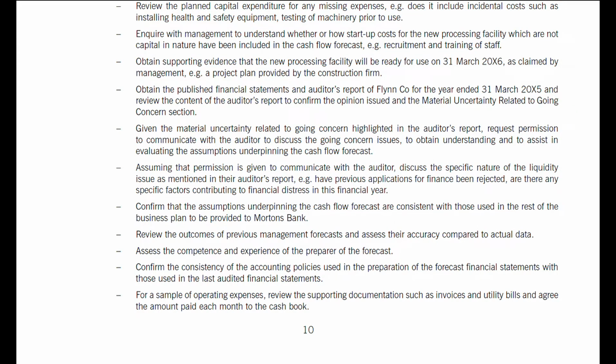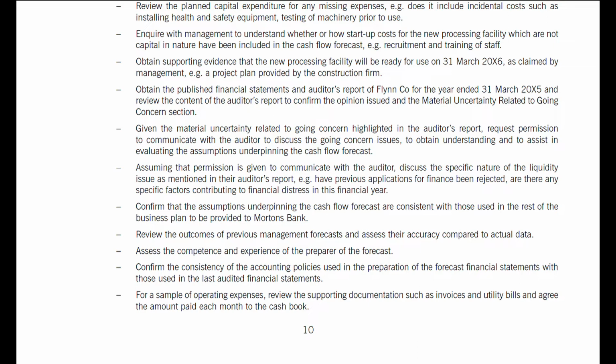Assuming that permission is given, discuss the specific nature of the liquidity issue as mentioned in the auditor's report, and whether previous applications for finance have been rejected. Are there any specific factors contributing to financial distress in this financial year?